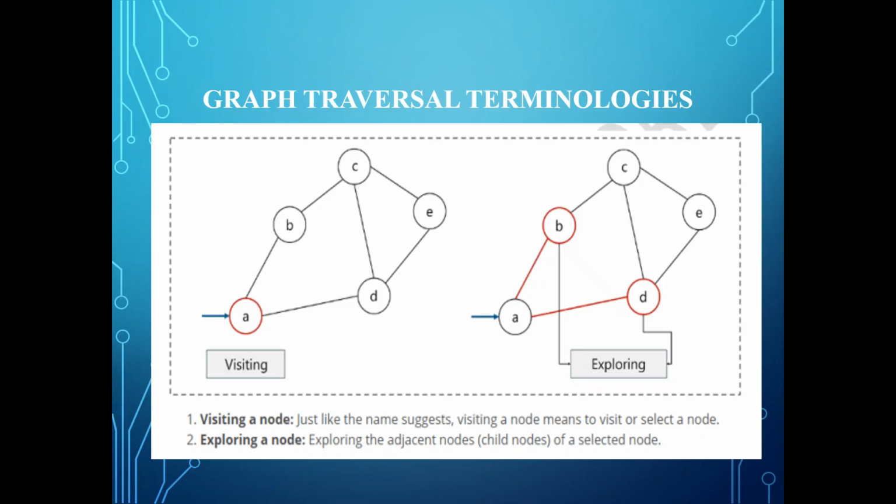On the right side, we see exploring a node. Exploring means we not only visit the node, but also check all its adjacent or connected nodes. For example, after visiting A, exploring it means we look at its neighbors like B and D. So in short, visiting means selecting a node. Exploring means checking all the neighboring nodes connected to it.